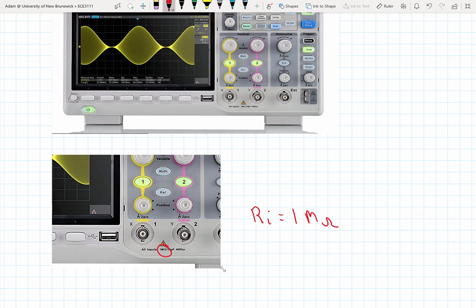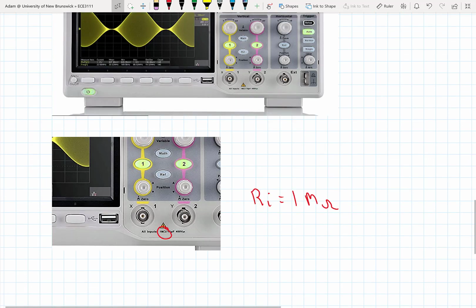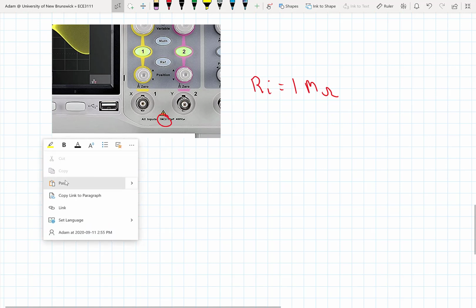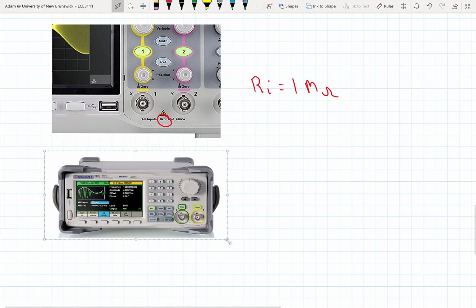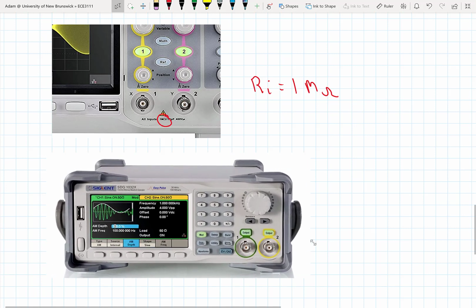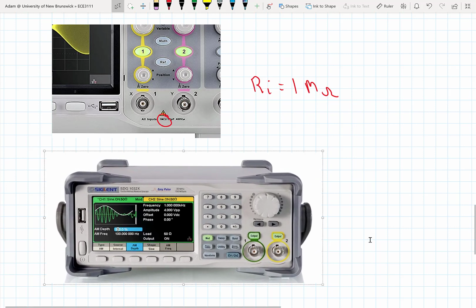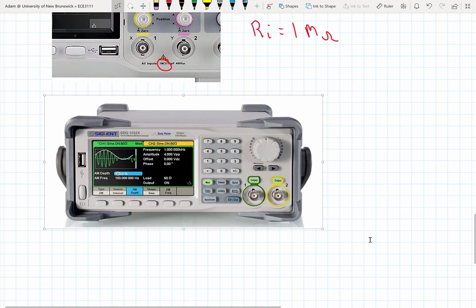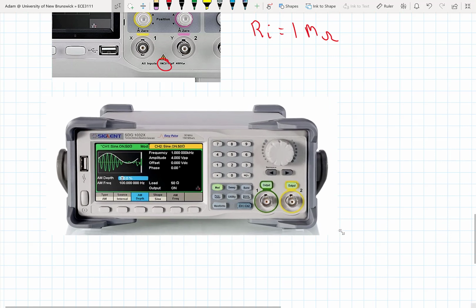So what about an output? An oscilloscope doesn't really provide an output signal. So let's look at a device like a signal generator. You should be a little bit familiar with these from the lab, or you will see them in the lab at some point, because most other electronic devices, although they have input and output resistances, don't show them.